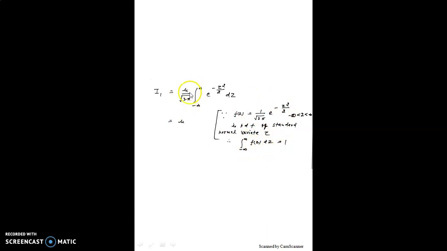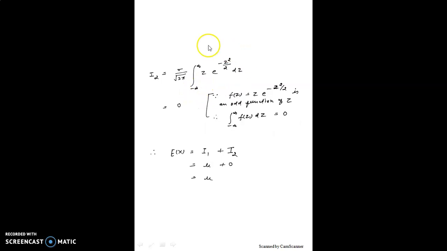So this integral becomes mu, as 1 upon root 2 pi integral e to the power minus z square by 2 dz becomes 1. Similarly, for the other integral, this is an odd function of z, that's why this integral will become 0, and expected value of x is mu. That means mean of the normal distribution is mu.